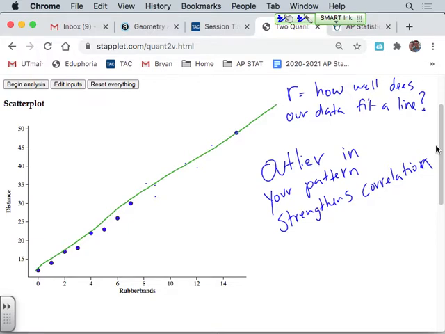So this would be an unusual feature. It's out there, but it's actually keeping in line with our other data for linear, and it's actually strengthening what I've got.